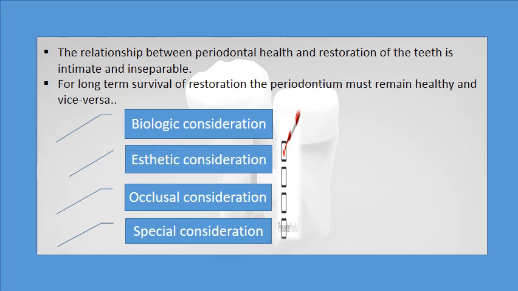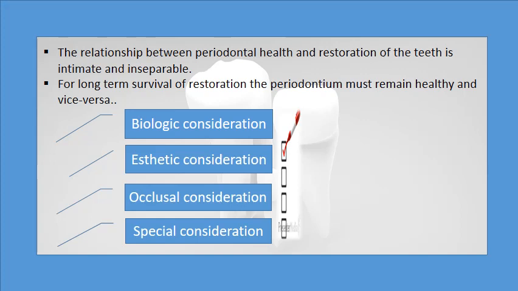And also, the adaptation of margin, the proximal relationship, and the surface smoothness have a critical biological impact on the periodontium. Therefore, dental restoration plays a significant role in maintaining periodontal health. So, for long-term survival of restoration, the periodontium must remain healthy and vice versa.